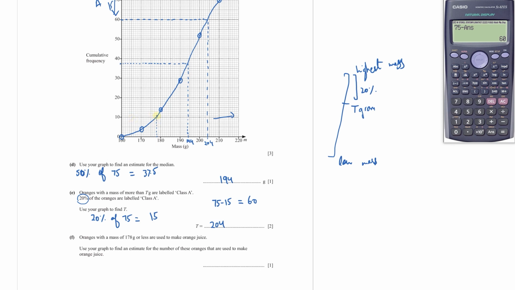So it intersects the curve at this point. So the y value will be 11. So there are 11 oranges here which have masses 178 grams or less. So the number of oranges that are used to make orange juice are 11.